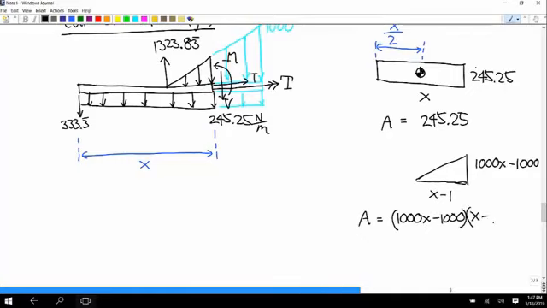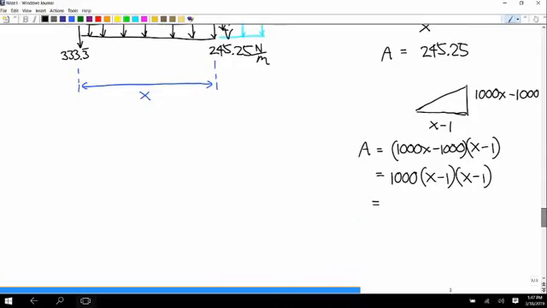You can pull out the 1,000, and that's x minus 1 times x minus 1, so that is 1,000 times x squared minus 2x plus 1, which is 1,000x squared minus 2,000x plus 1,000.